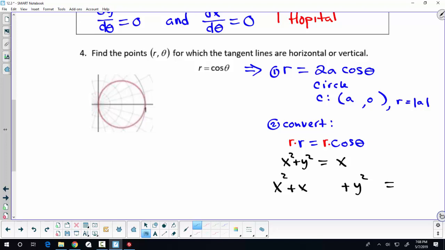In our formula 2a cosine theta, what is our a? It's not 0 because then r would be 0. A is 1/2, right? It's the only way to get a 1 there, 2 times a half. A equals 1/2. This is a circle with a center of (1/2, 0) and a radius of 1/2.